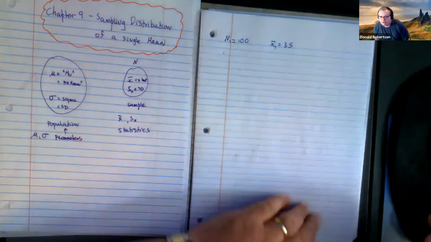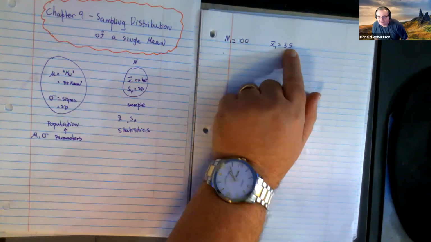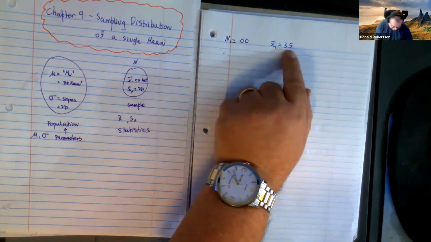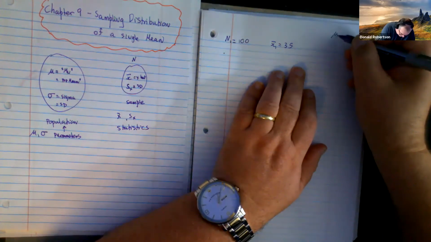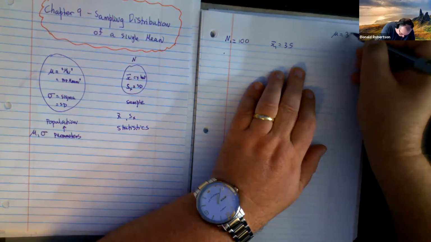Because this sample of 100 is 35, does that mean that the population mean is 35? My sample was 35, but does that mean the population mean has to be 35? No. Don't we hope it's close to 35, right? We'd expect it to be close, at least close most of the time, right?